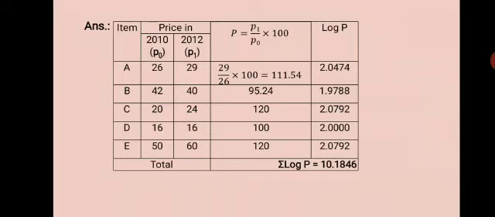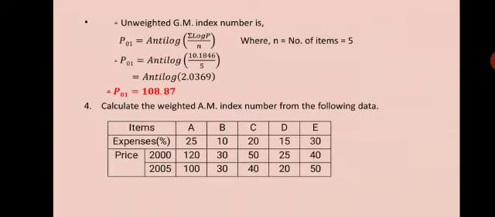Then we have the unweighted geometric mean index number formula as P01 equal to antilog of summation log P divided by n, where n is the number of items, and in this example the number of items given is 5, therefore n equal to 5, and summation log P as we have calculated, that is 10.1846.